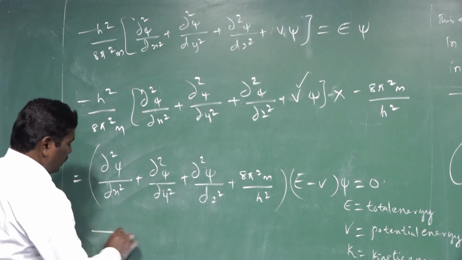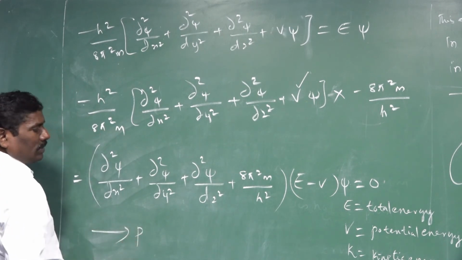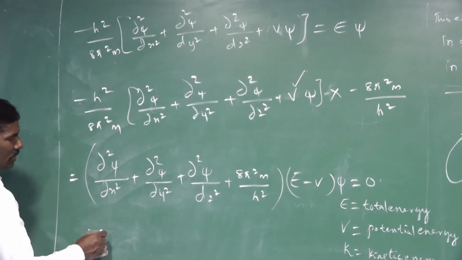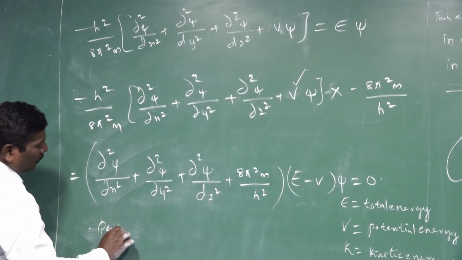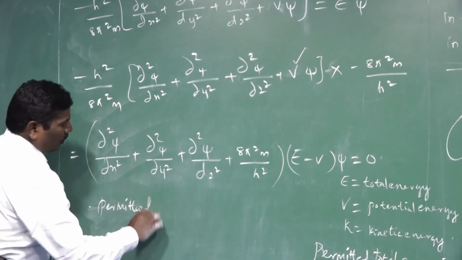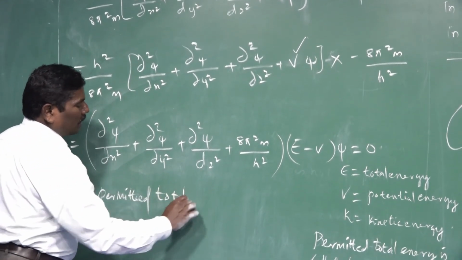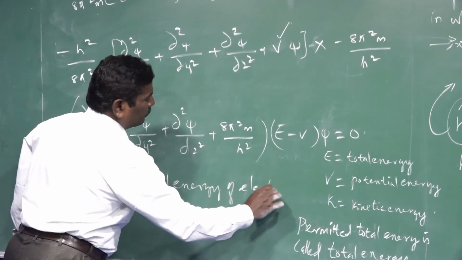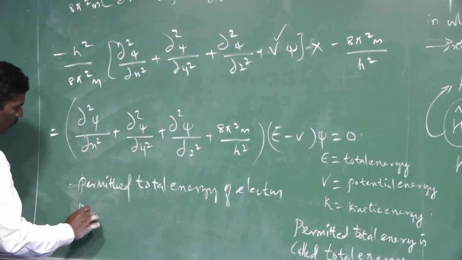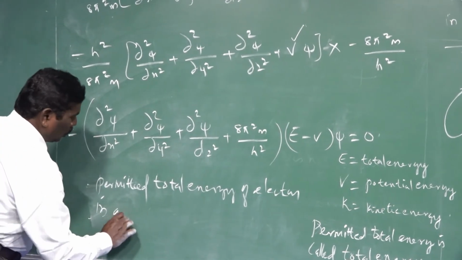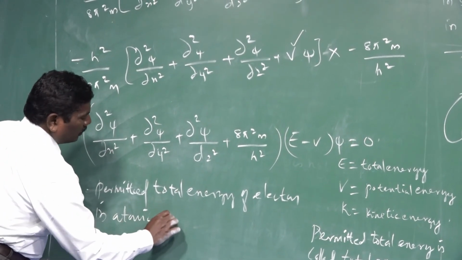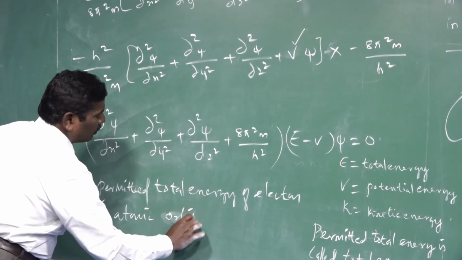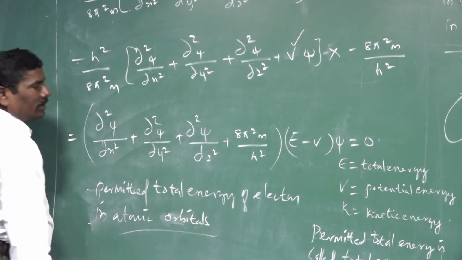And here these are the permitted total energy of an electron in atomic orbitals.